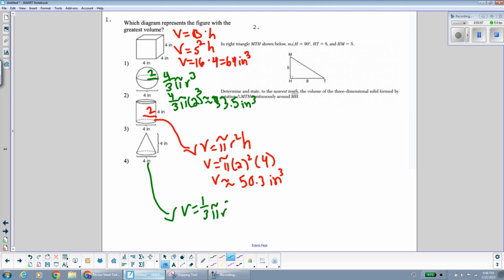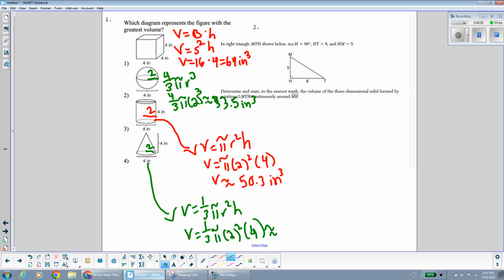And then finally, I have the cone up last, and the cone formula is 1/3 pi r squared height. And once again, the radius is 2, and the height is 4. Let me type this into my calculator so I can compare the volumes and see which volume is the greatest.